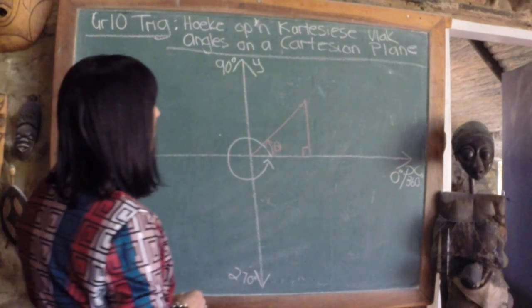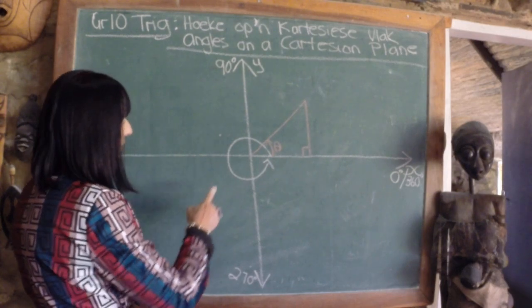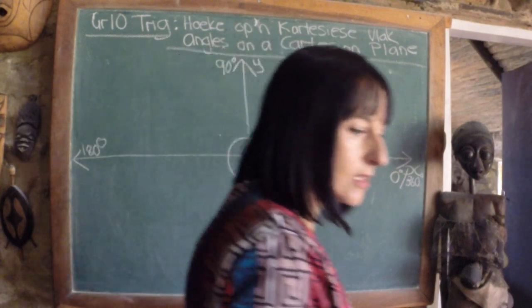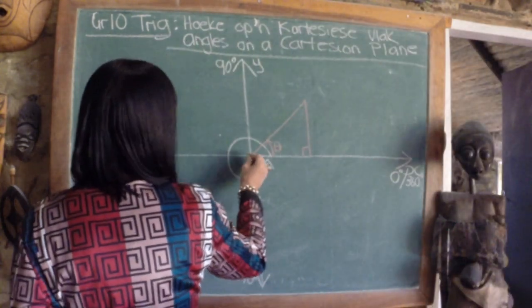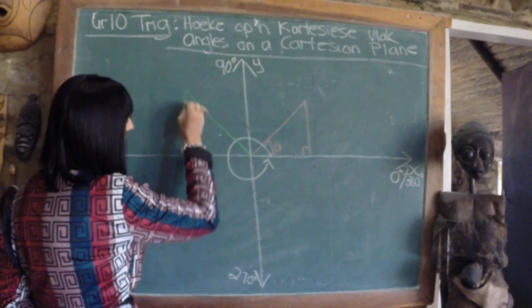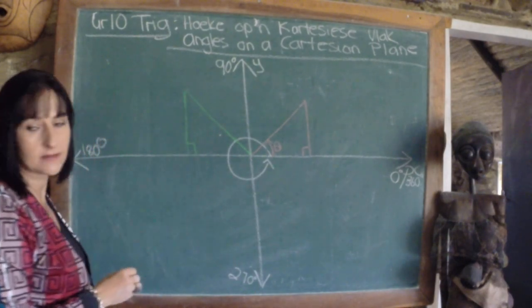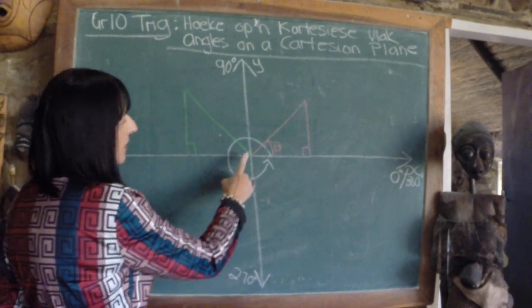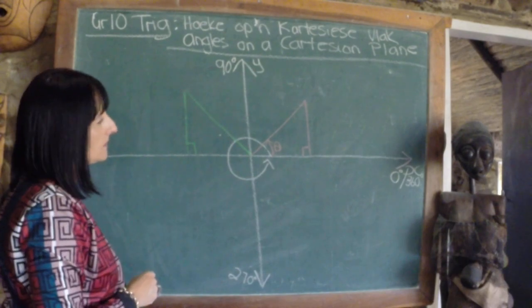But we can also have a triangle in this quadrant. So ons kan 'n driehoek ook in daardie kwadrant gaan teken. So, like that. And we can also draw a triangle in that quadrant and in that quadrant.